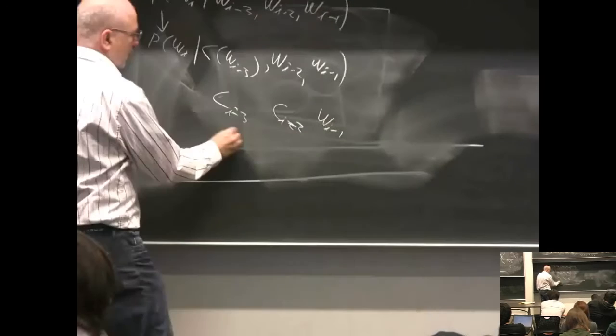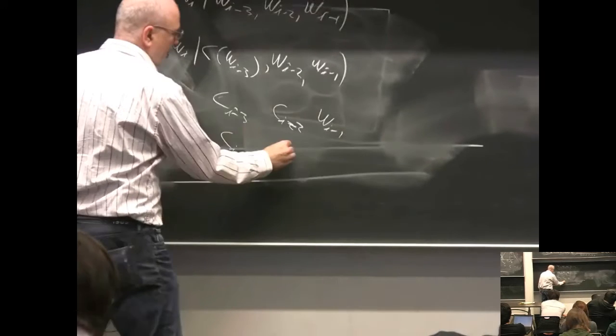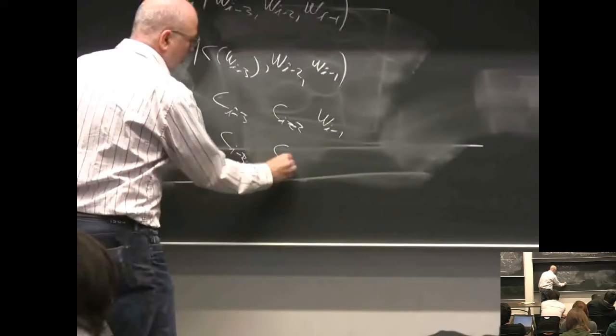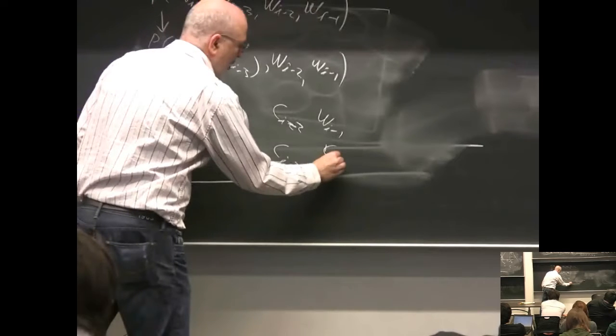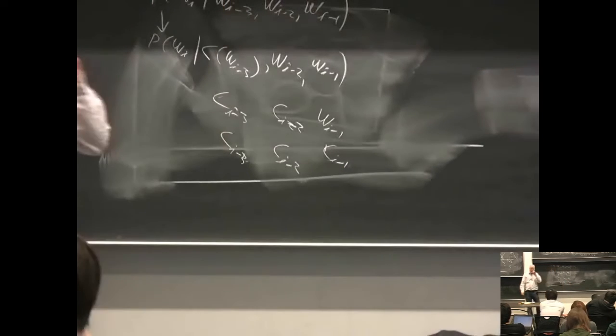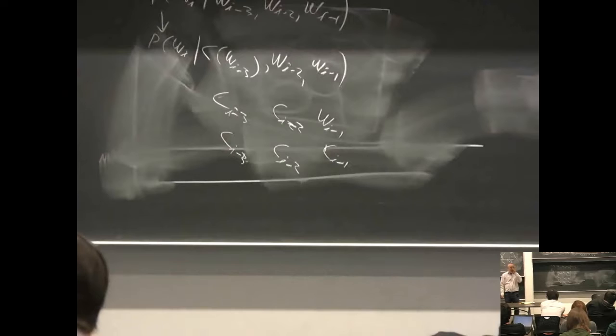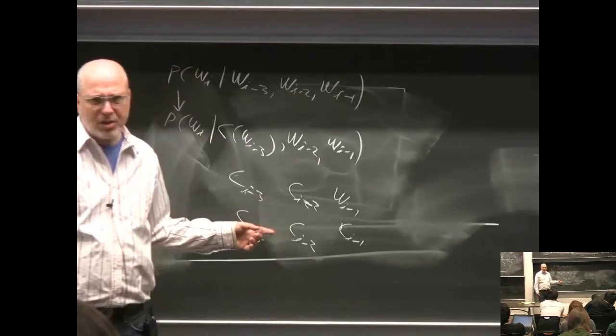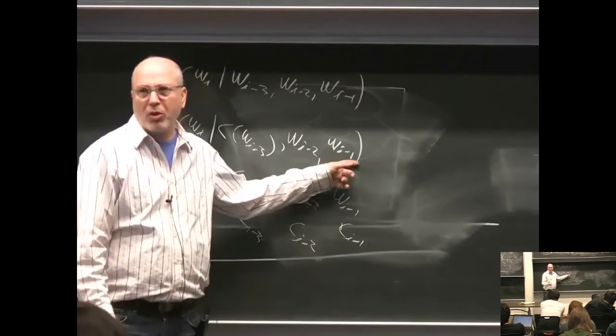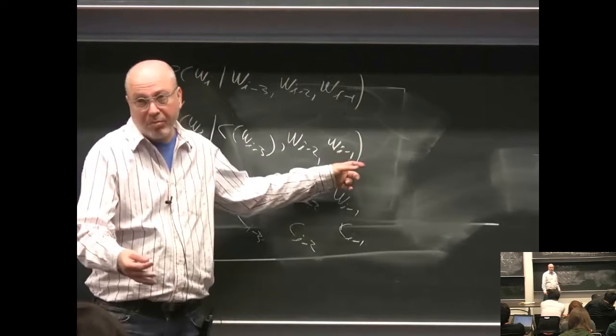Or I can cluster all three of them: i minus 3, i minus 2, i minus 1. And there are other variations as well. I can cluster these but not these. It doesn't make much sense because I care more about what happens closer to the end of the history. But I could try that.